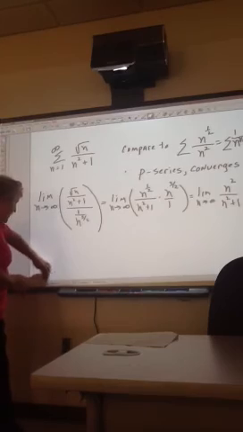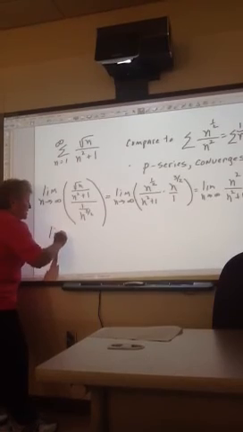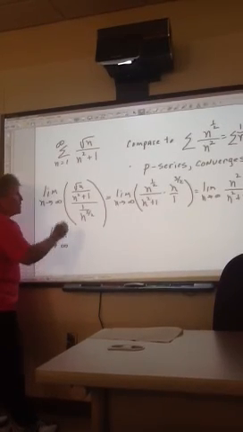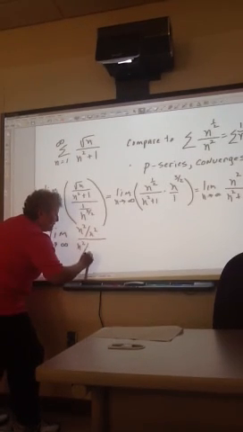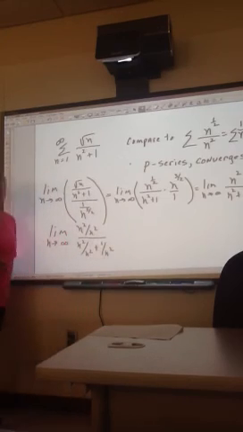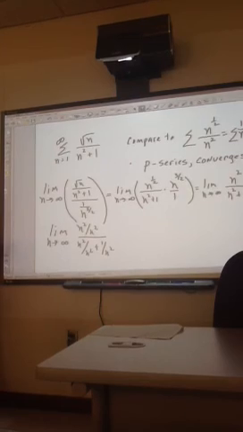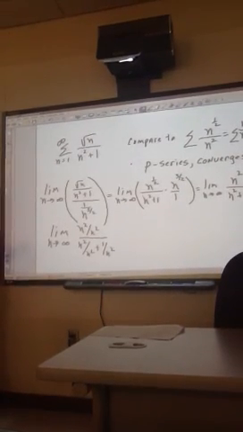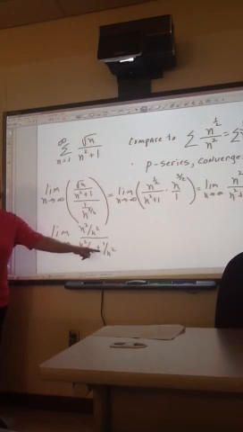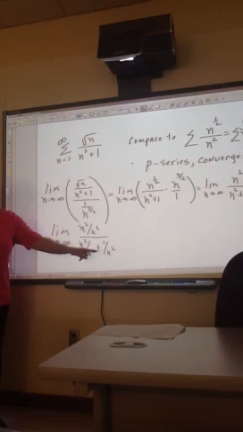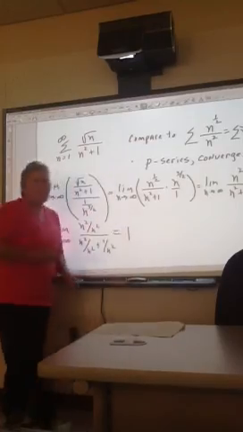I probably would have done old Calc 1 on it, because this one's kind of nice. And since we just did L'Hopital's over there, let's go to a Calc 1 solution. There you divided each term by the highest power found in the denominator. So it looks like n squared over n squared over n squared over n squared plus 1 over n squared. So it's just your 1, 1 plus 1 over n squared. But 1 over n squared is going to go to 0. So it's 1 over 1. 1 over 1 is 1.